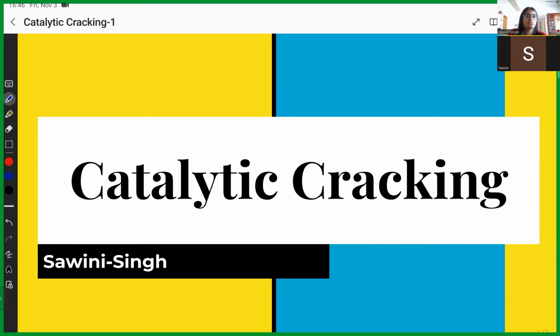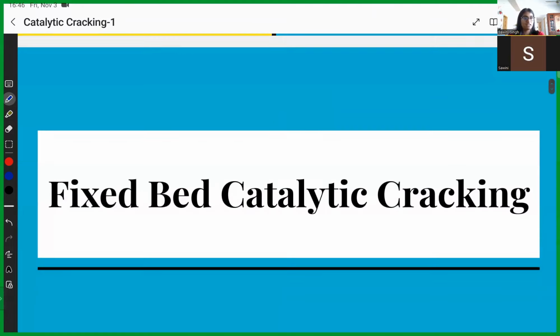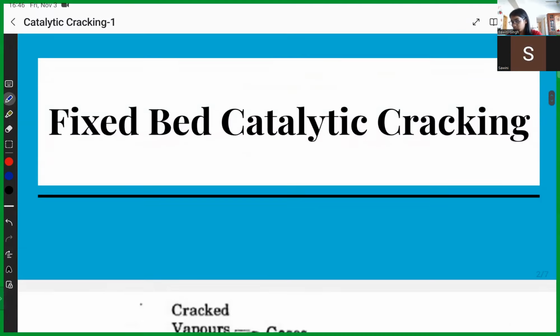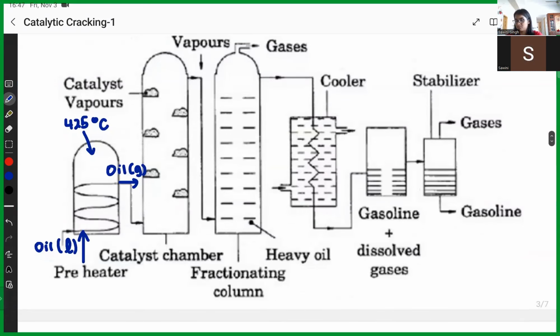Now, to understand why we needed Donald Campbell's invention, we have to understand the process of cracking used before his invention, which was the fixed bed catalytic cracking. Now, I shall explain the whole process to you. So here you have a preheater and you have crude oils.